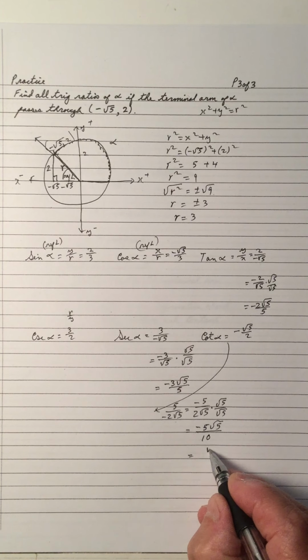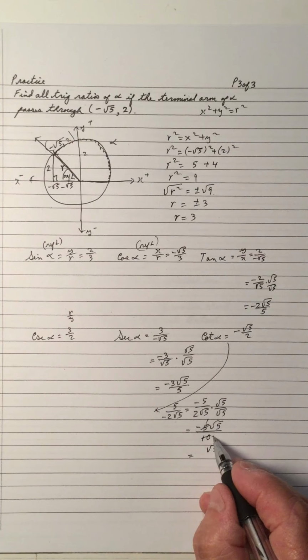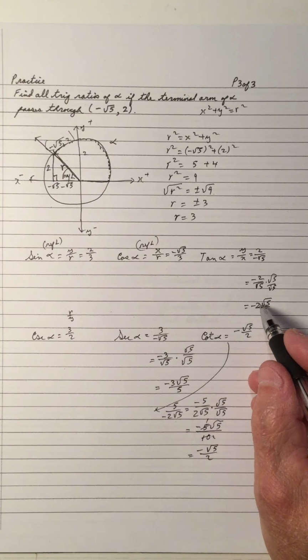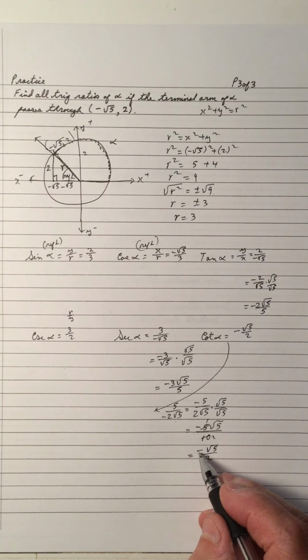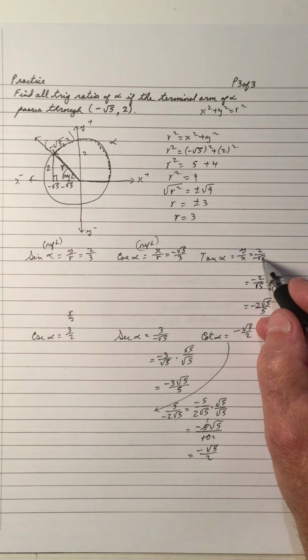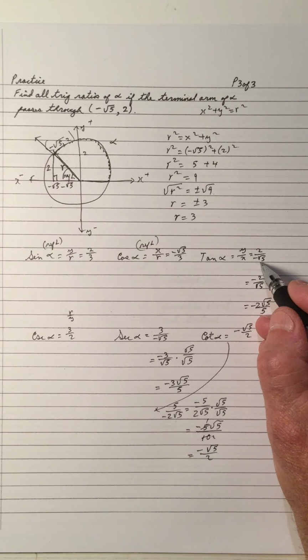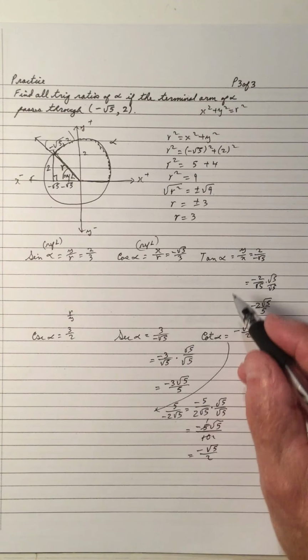And notice the root 5, 5 and the 5 goes once, 5 and the 10 goes 2, so that's a negative root 5 over 2. So by taking this and doing the reciprocal, you've got to do all this work to get a negative root 5 over 2. So it's easier to take the initial one right here. You've already simplified this to here. So when you do the reciprocal, if you know what tan is, then do the reciprocal of tan from the initial, and it works out easier.